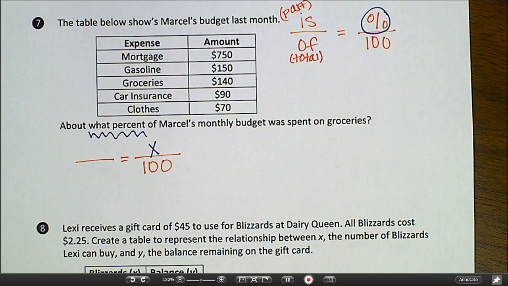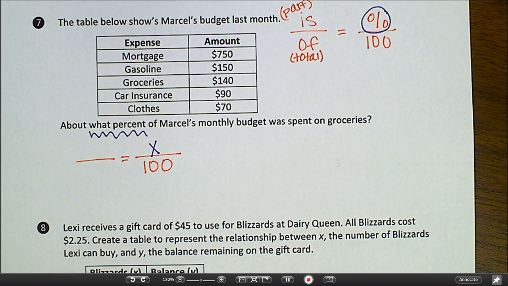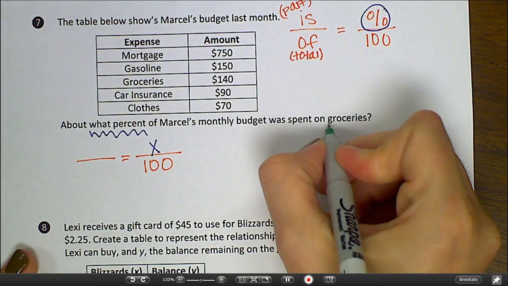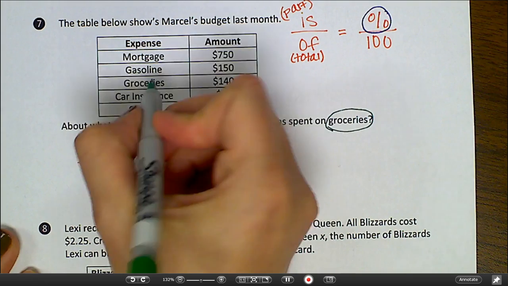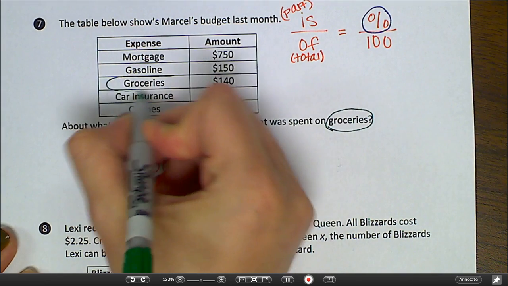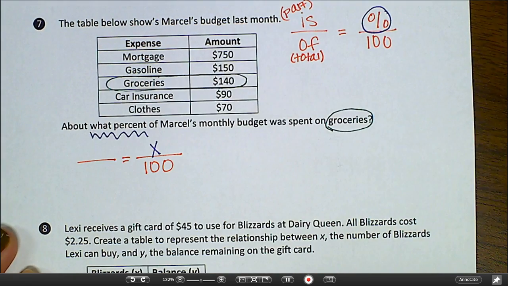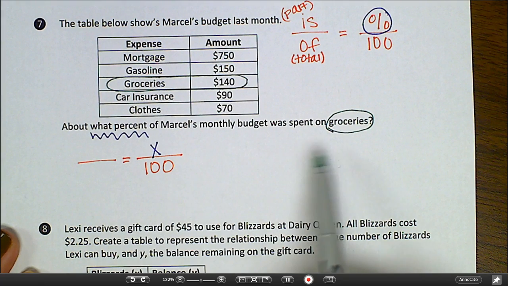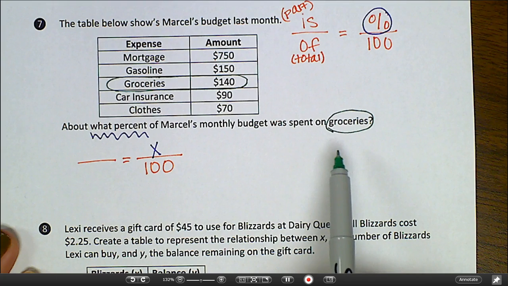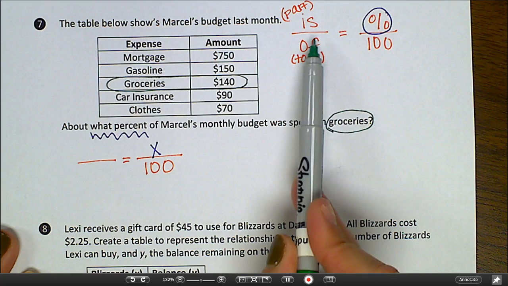And then I know that I'm looking for the part that was spent on groceries. So groceries was $140. So that's my part. Okay, what percent was spent on groceries? That's part of my budget. It's not my total budget, it's just part of my budget.